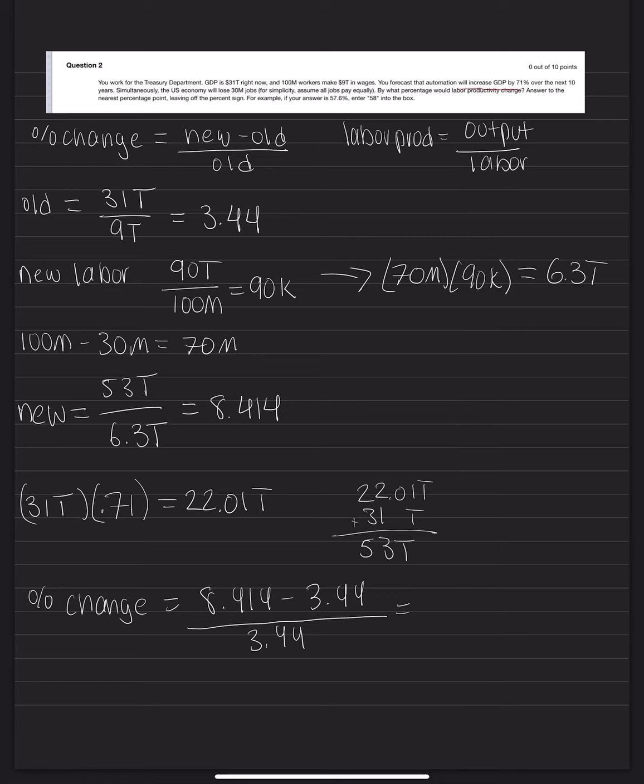And so then when you input that into the calculator, 8.414 minus 3.44, you get 4.974 divided by 3.44, and you get 1.44.